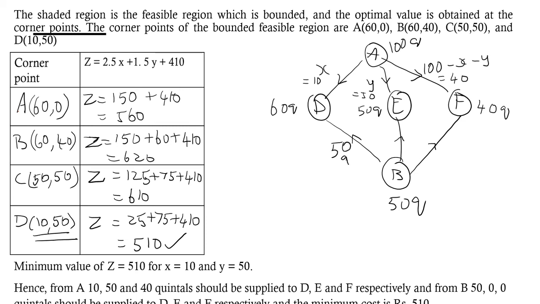So here 50 quintals D will get from B. The capacity for B is only 50 quintals. The entire capacity it is transporting to D. So B does not have any amount to transport to E and F. So here it is 0 and 0. That is the reason why 50, 0, 0 quintals should be supplied to D, E and F respectively. And the minimum cost is rupees 510.